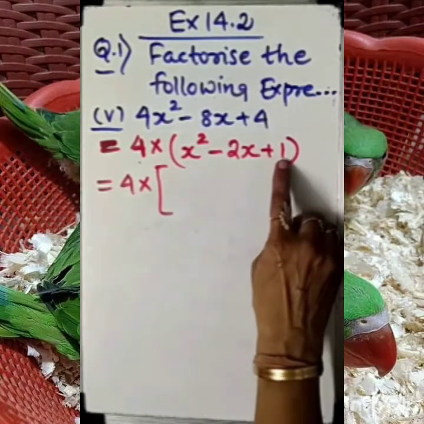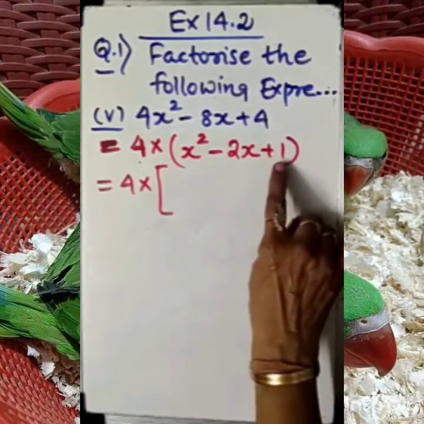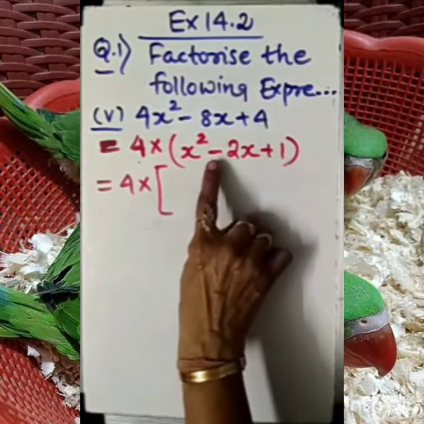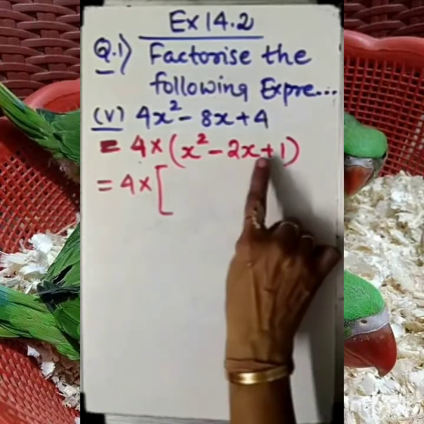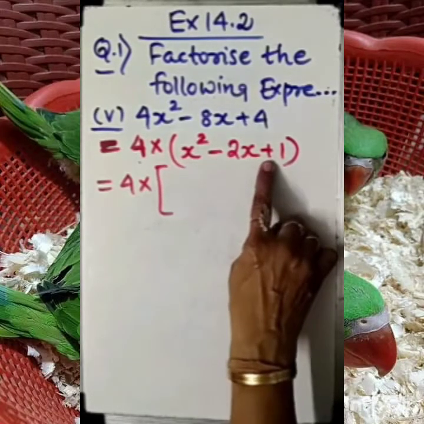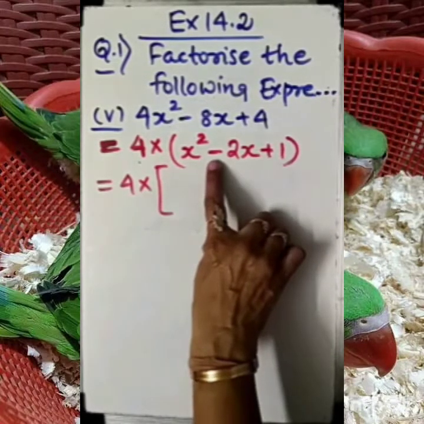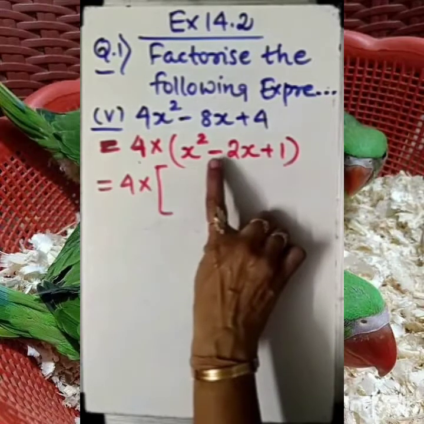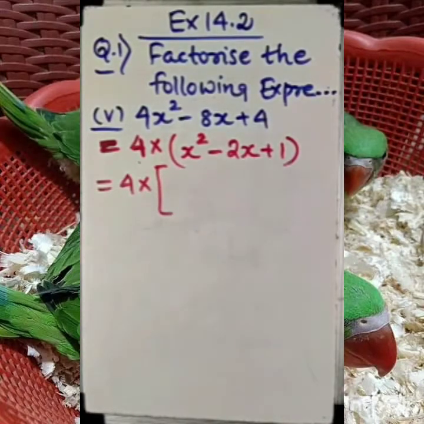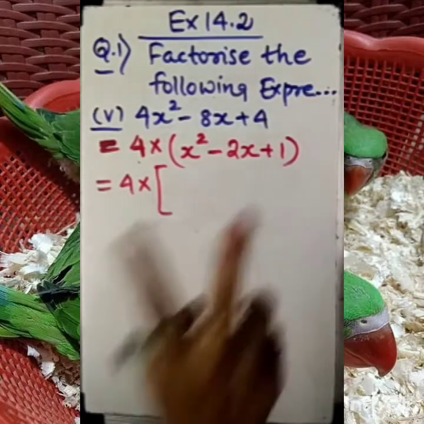The last term is a perfect square of 1. So the first term and last term are perfect squares, and here it is a minus sign, because here always you will find plus. Through this only we can decide which identity we have to apply. Because of this minus sign, here we need to apply the second identity.